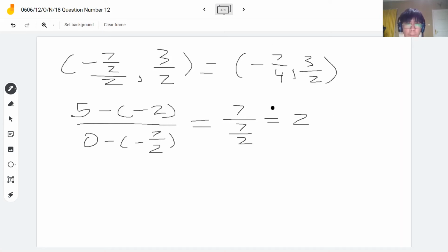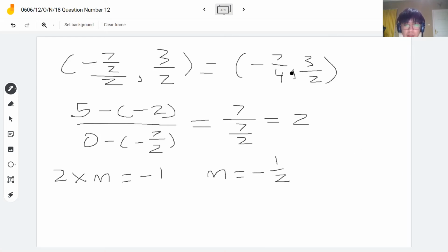Which we will need to find the perpendicular bisector. To find the perpendicular bisector, we need to first find the gradient. As it is perpendicular to the line AB, and this is the gradient of line AB, 2 times the gradient of the perpendicular bisector should be equal to negative 1. This will make the gradient of the perpendicular bisector negative 1 over 2.